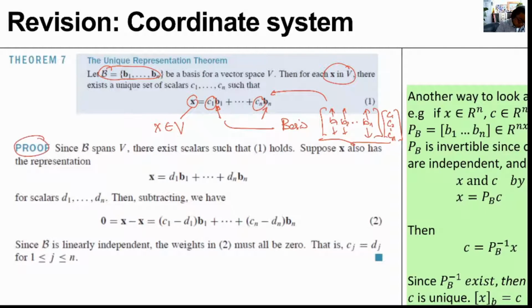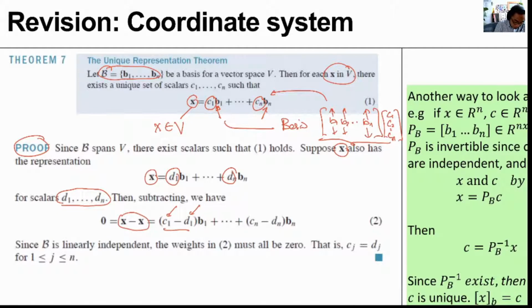To prove this, we assume that x can be represented by another set of coordinates d1 to dn, and that d1 to dn is assumed not to be the same as c1 to cn. So x represented using the d coordinates and the c coordinates may be different, but we will prove that they are the same by doing this: x minus x, with x represented using the c coordinates and x represented using the d coordinates.